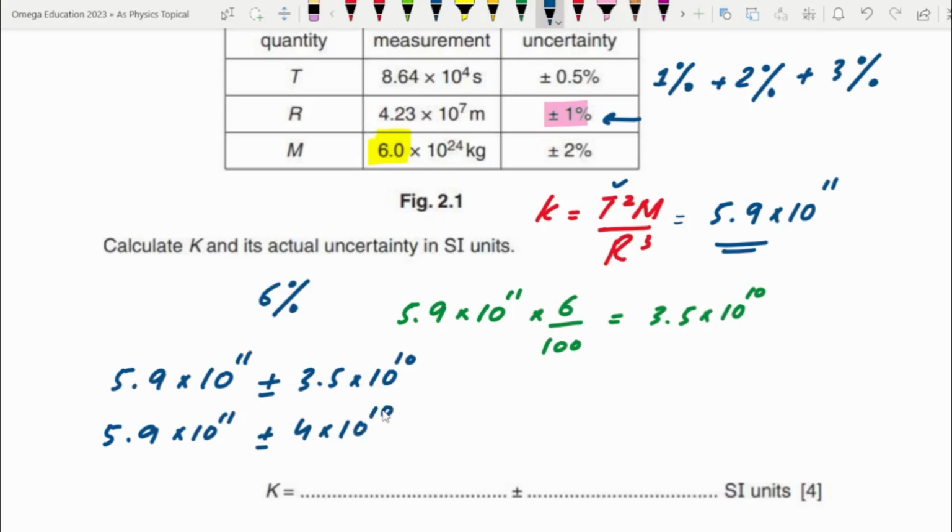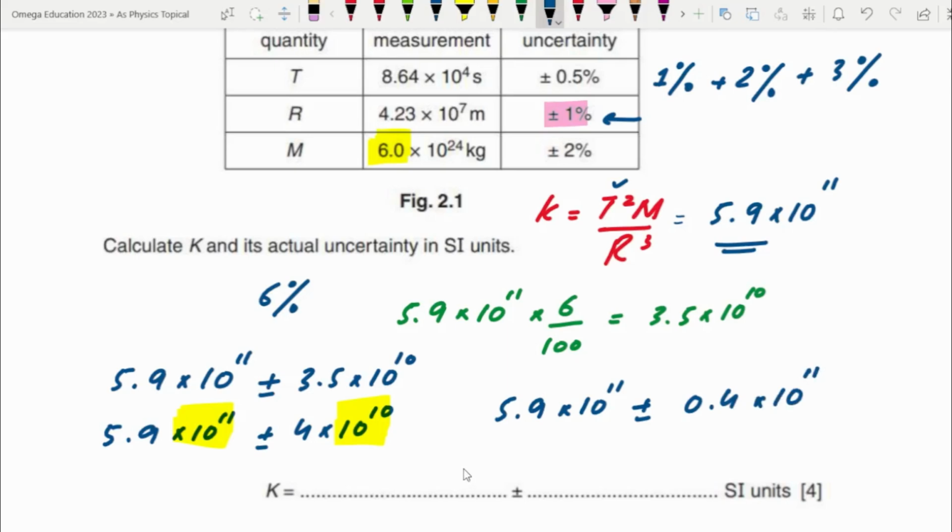If you remember the second rule, the exponents should also be the same. So if the first is 10 raised to the power 11, the second should also be 10 raised to the power 11. We can change the exponent of the uncertainty and write it as 0.4 into 10 to the power 11.